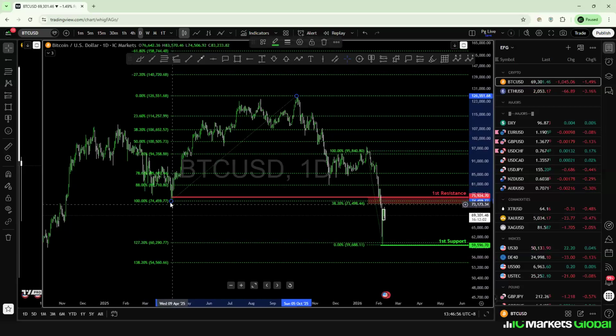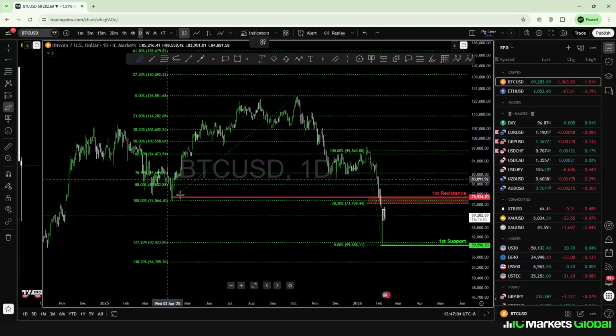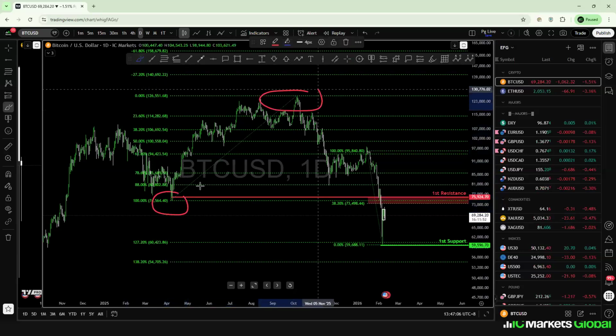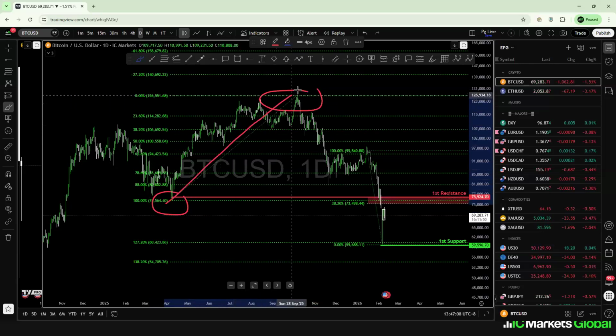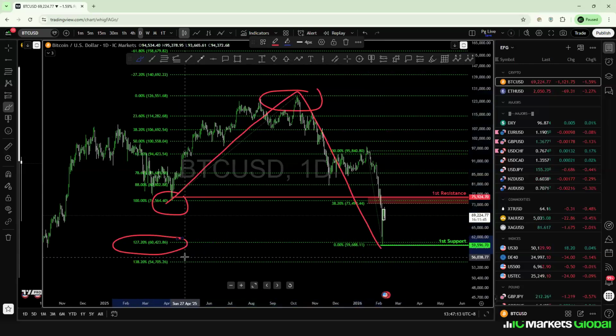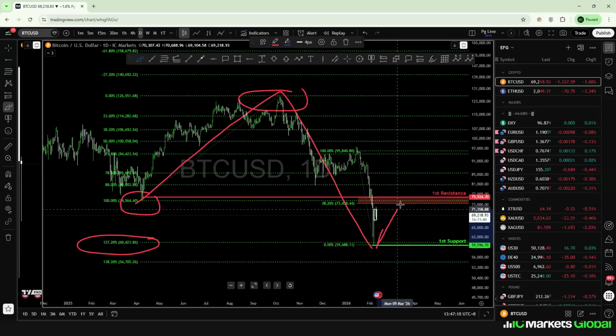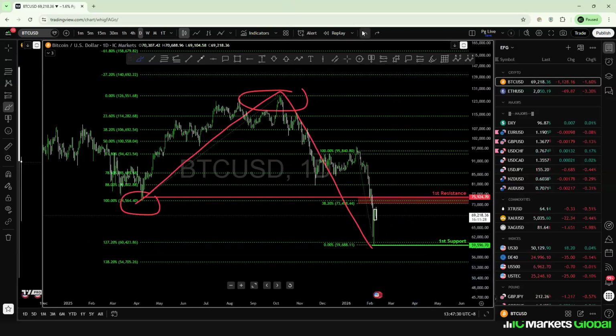In the bigger picture, from this low to this high, price bounced off from 127, and now you can see the bounce. So I want to see if this is going to respect here. If they respect here, or maybe the next resistance here, then we can see target one, the recent one, or we can do the extension. But right now, we haven't seen anything yet.